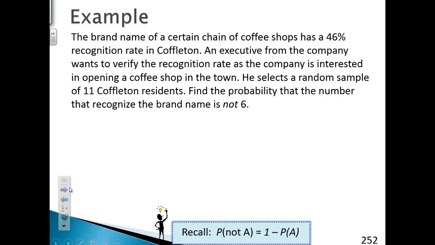The events are independent, so this can be computed using the binomial distribution. So let's identify our n. It's always what I want you to do first. Find your n, p, and your x. So n would be the total number in our sample, or our number of trials, 11. The probability that they recognize the brand name is 0.46.